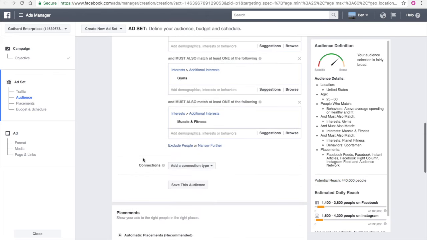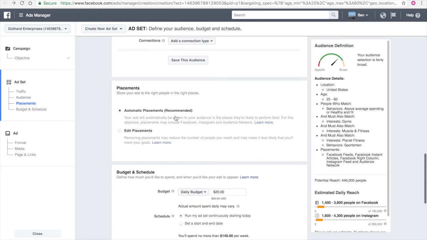So we have our audience now, and I would save all the audiences that you do so that you can test out all these different audiences, because one of the big things about Facebook that you just have to kind of accept as a marketer is that you never know exactly what's going to sell. You really don't.